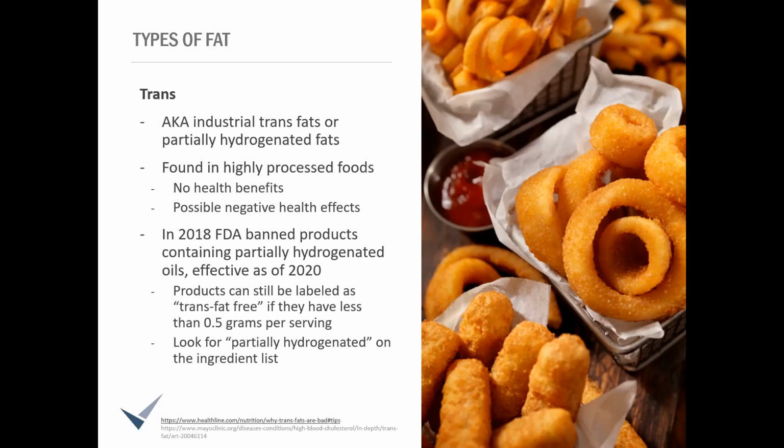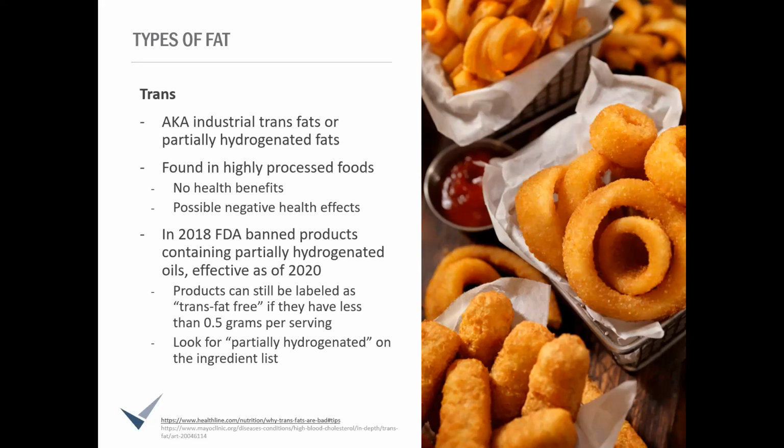So it may make sense then that these partially hydrogenated vegetable oils are found mainly in highly processed foods. So why do we need to avoid them? Well, they have zero of the healthy fat benefits I just talked about. They can also increase your risk of heart disease. They can cause inflammation in our bodies, which can lead to other health issues.